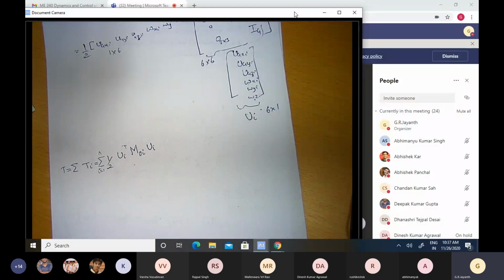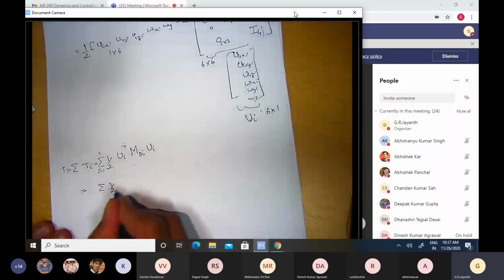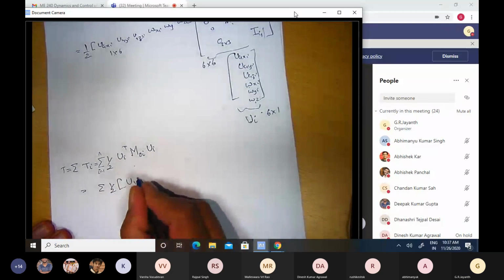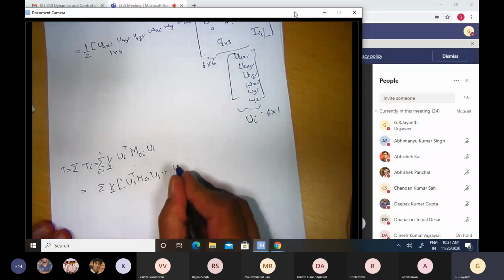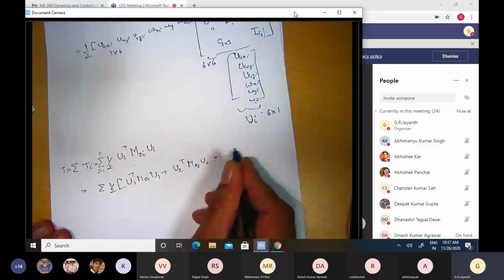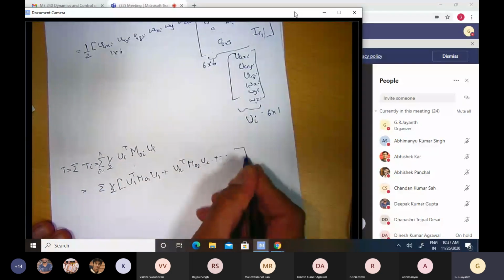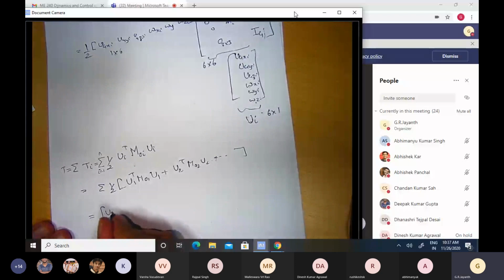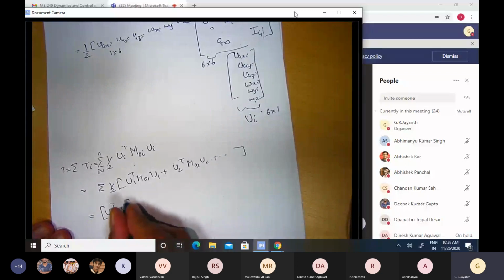Okay, so I want an even simpler expression for the kinetic energy. So to do that, I notice that this expression, half of u1 transpose M01 u1 plus u2 transpose M02 u2 etc., can be written as another vector, namely u1 transpose, u2 transpose, etc.